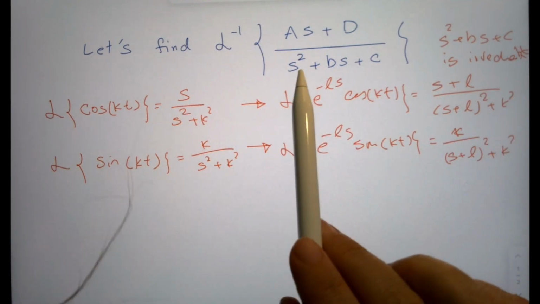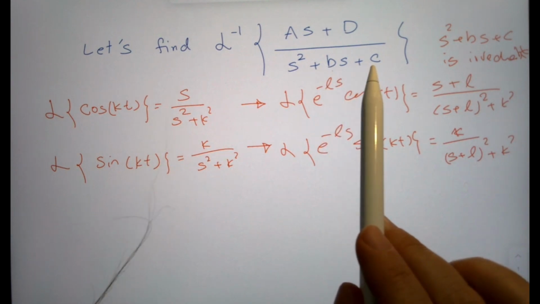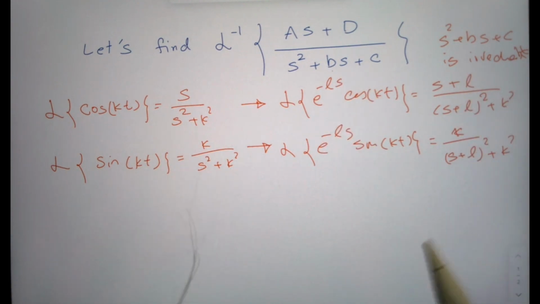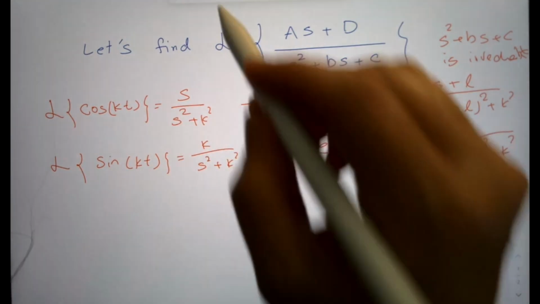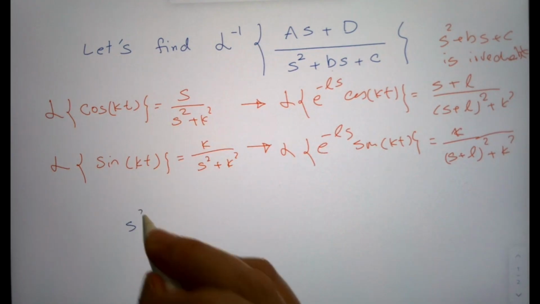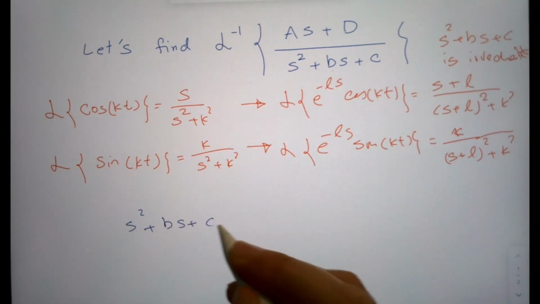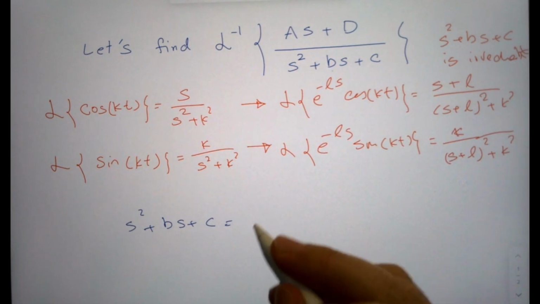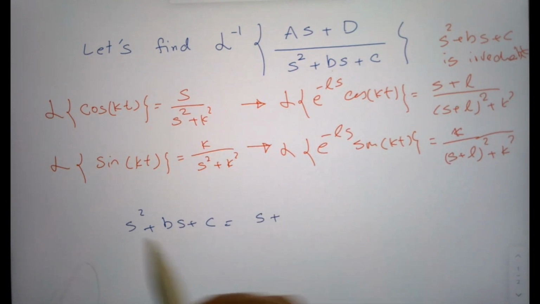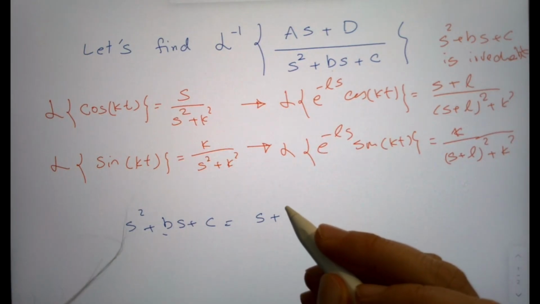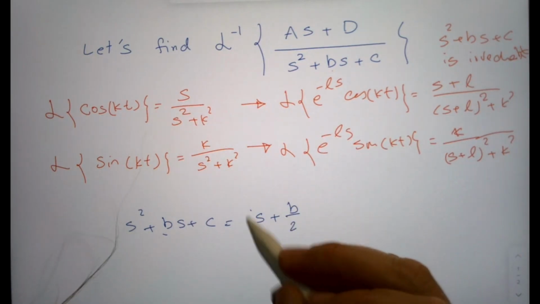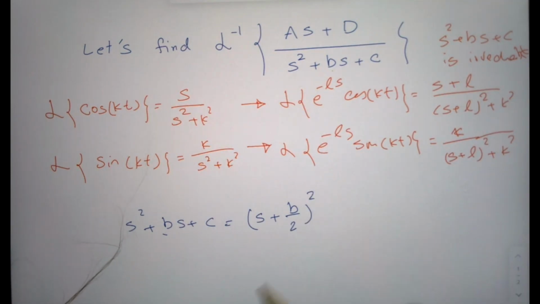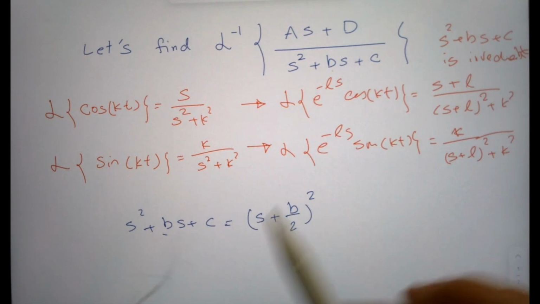Because s squared plus bs plus c is irreducible, I know I can write it as a completed square. So let's complete the square for s squared plus bs plus c, and that would be s plus half of b, whatever b could be, positive or negative, by the way, to the power 2. And then let's remember the extra thing we created by raising this to the power 2.